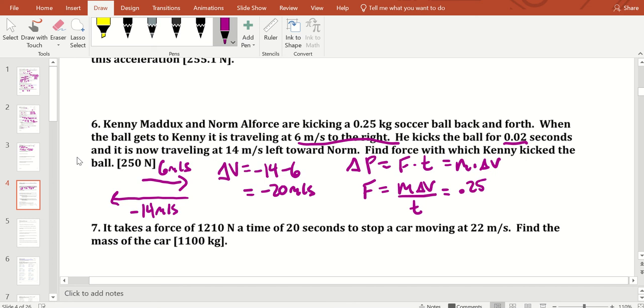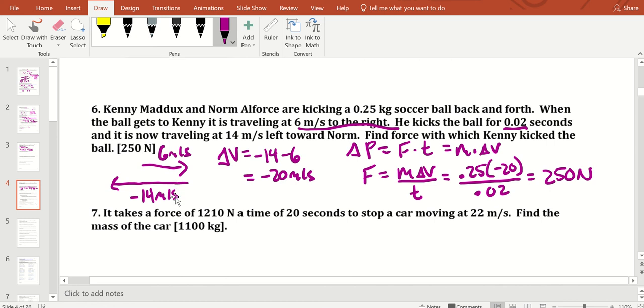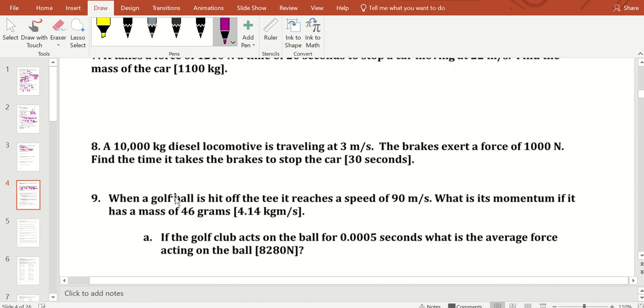Your change in velocity was negative 20. And our time was 0.02 seconds. So if we plug that into our calculator, we're going to get a force with a magnitude of 250 newtons. So go ahead and finish the impulse practice problems on this page.